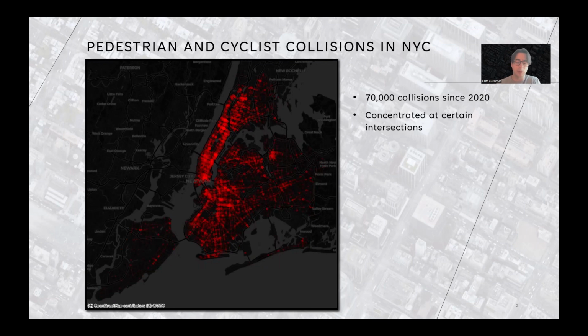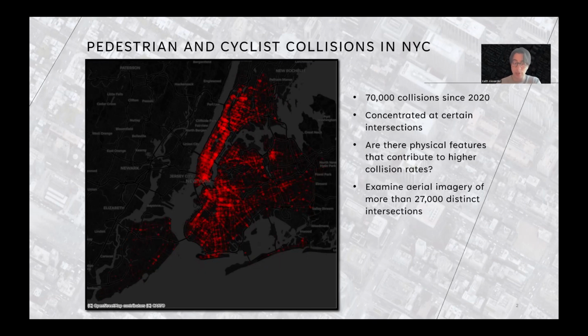And so this brings us to the central research question of the paper, which is to try and identify whether there are certain physical features, certain attributes of these intersections that contribute to the higher rates of collision that are found at those places. So to answer this question, as part of the study, I have trained a machine learning model to programmatically examine aerial imagery of intersections across New York City.